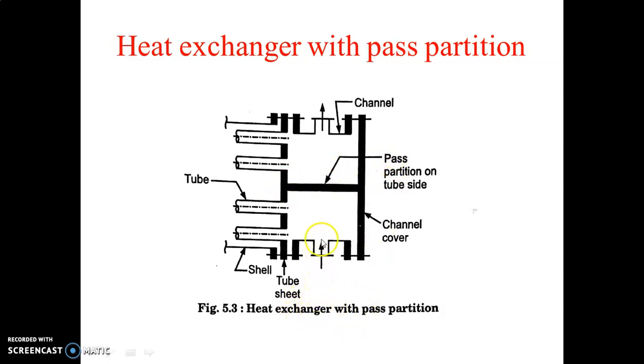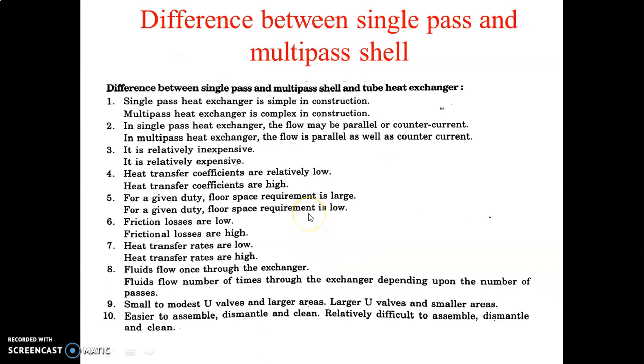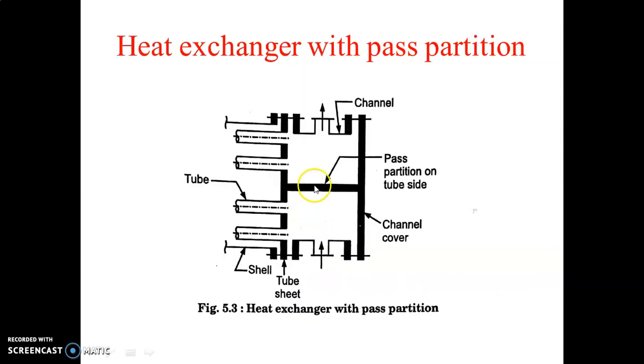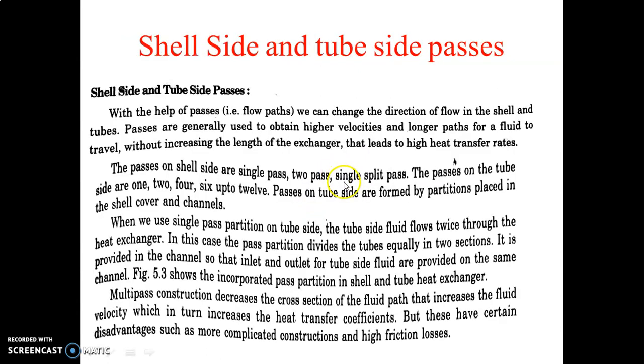So the fluid passes through this heat exchanger in this direction, then moves in this direction, and then again goes outside from this direction. So here the tube side fluid is passing 2 times. In this way we can increase the passes either on the shell side or the tube side.